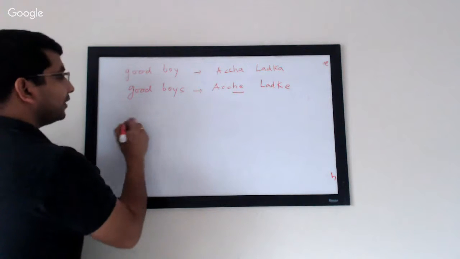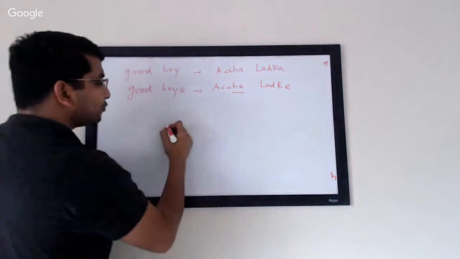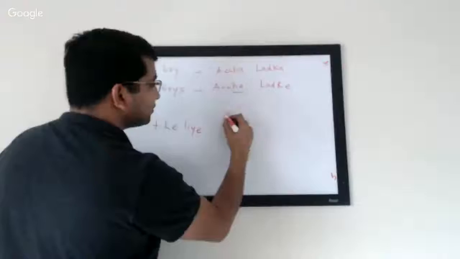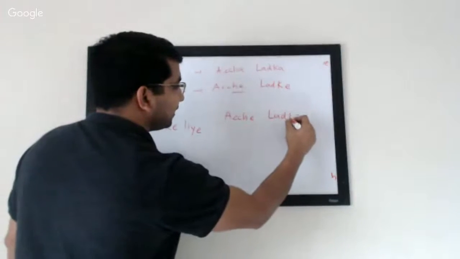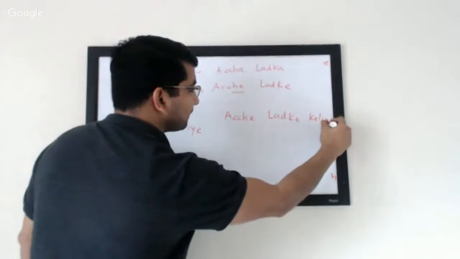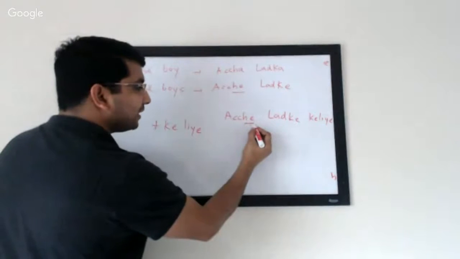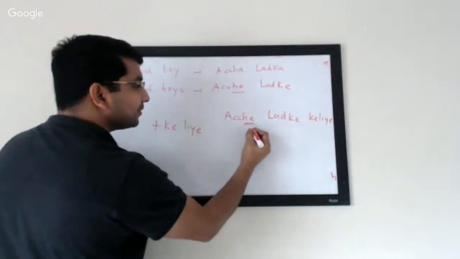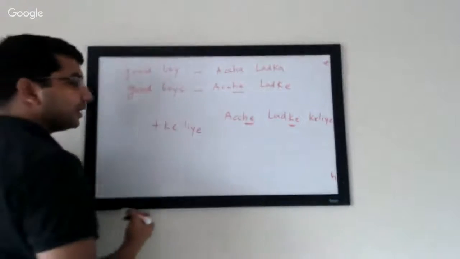Now when you write अच्छा with the postposition के लिए, it changes to अच्छे लड़के के लिए. So you created the oblique case of this adjective as well as for your noun.